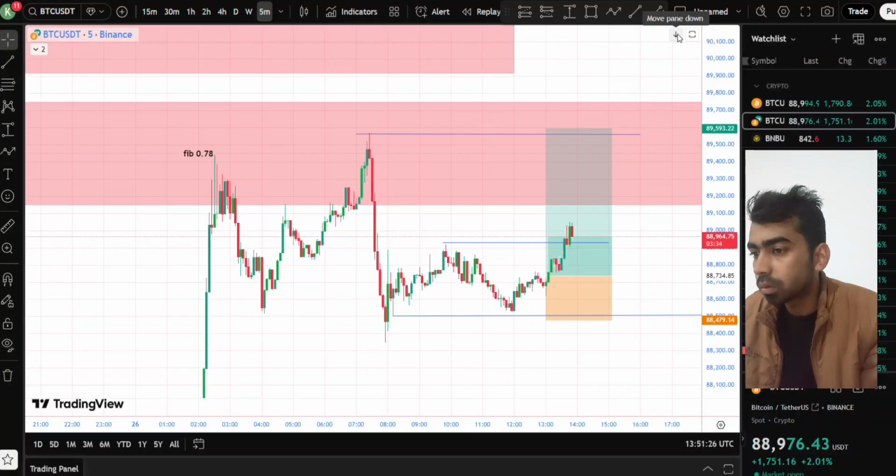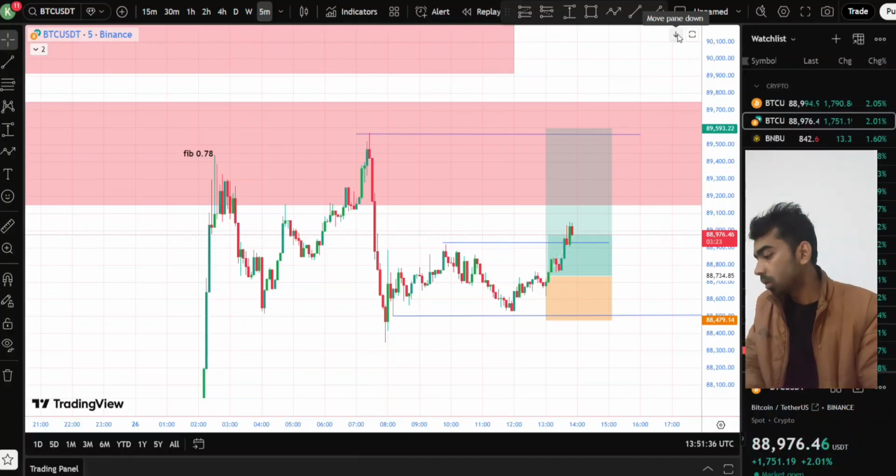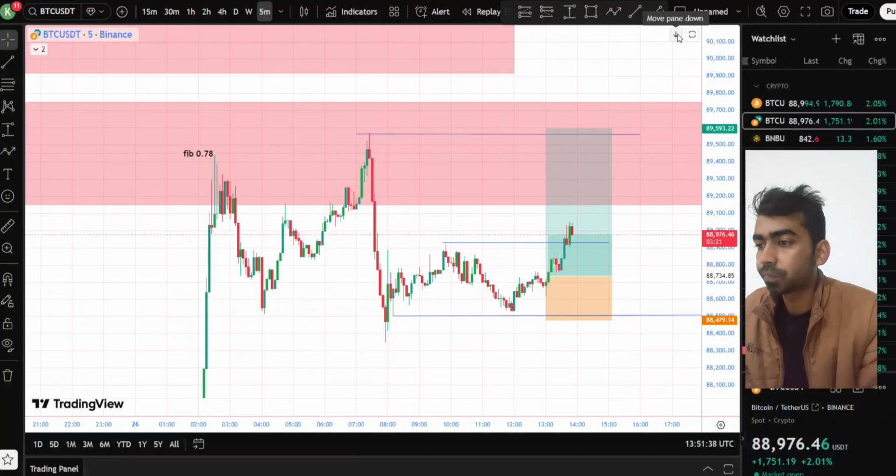My entry was 88,700 something. I think this position. Yes. Those who enter from here, maybe the market will try to hold the liquidity. Maybe.